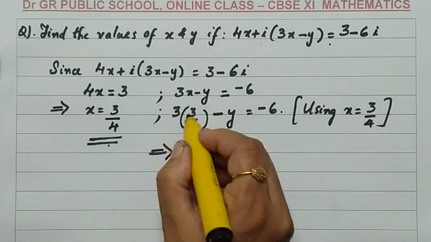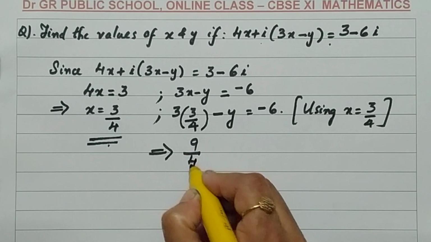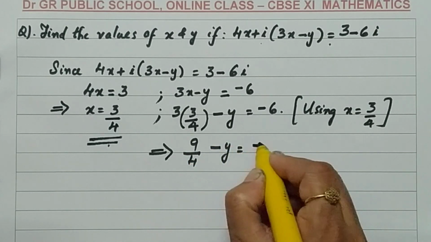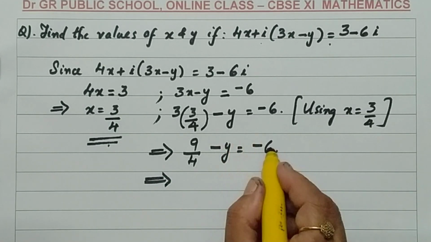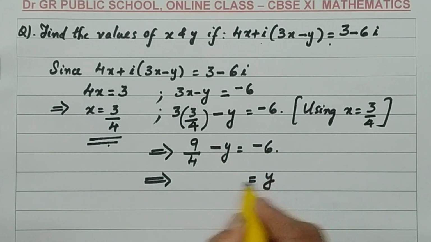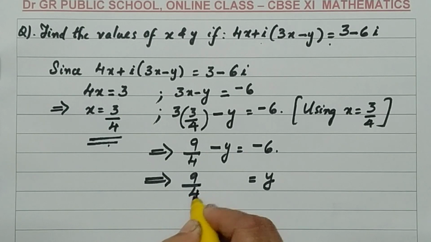Which implies 3 into 3 is 9, so 9 by 4 minus y equals minus 6. Which implies I am going to take the minus y to the right side and make it plus y, and minus 6 comes to the left side and becomes plus 6.